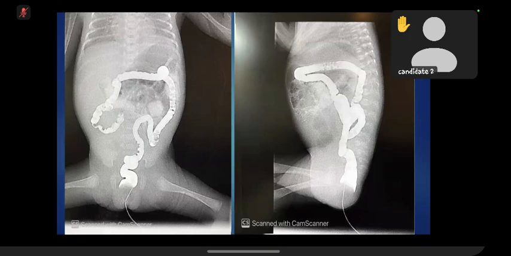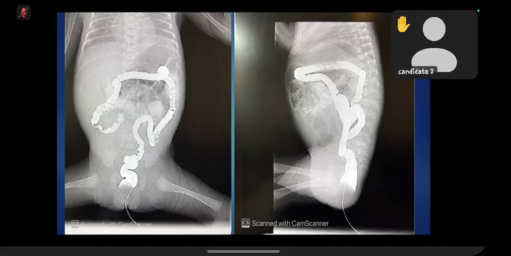Features are of a small colon. Otherwise, there are no signs of pneumoperitoneum, and no signs of air within the wall of the bowel, which would indicate ischemia, and the bones look normal.